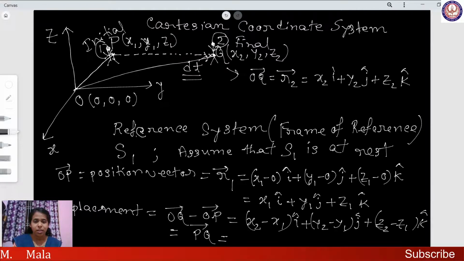Since it moves from P to Q in a very small time dt, we can define it as a very small displacement: dx i plus dy j plus dz k.